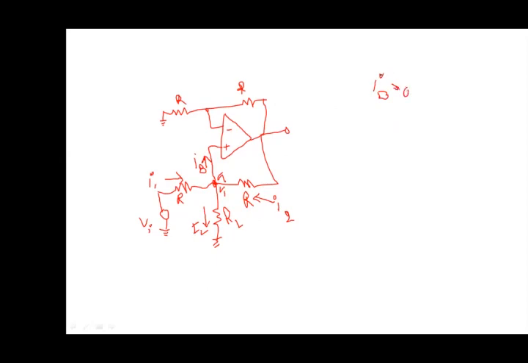So why is IB equal to 0? Because the op amp does not draw any current. So we can write I1 plus I2 is equal to IL.